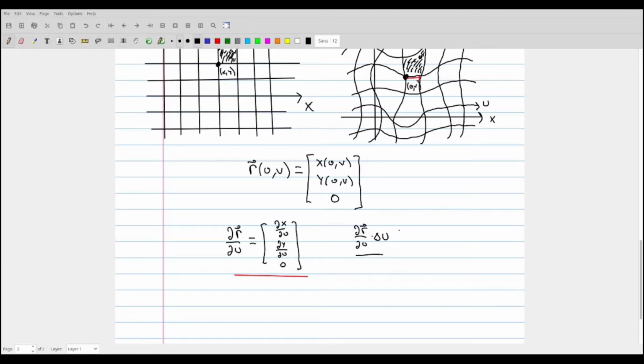So this vector is tangent to the coordinate curve at any given point, and the magnitude of this vector approximates the length of the coordinate curve along that line for small values of delta u. All of this is for small values of delta u, and then we'll see small values of delta v as well.